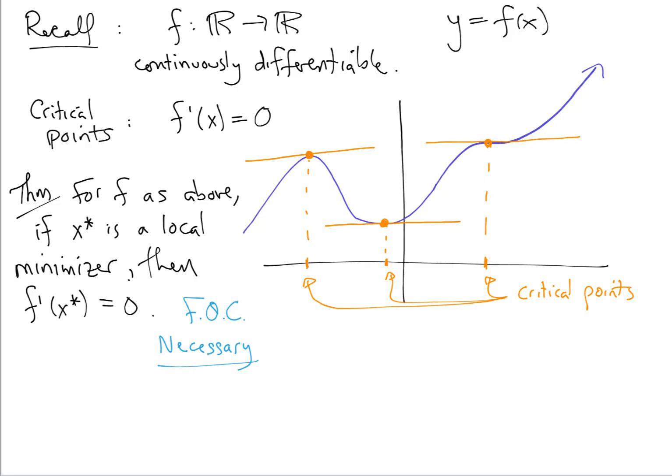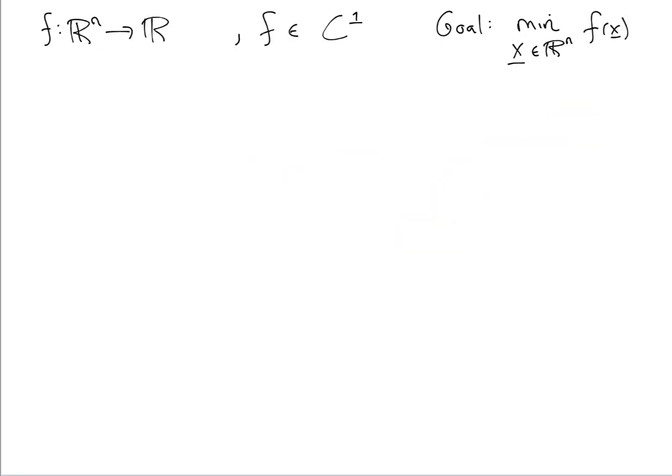And then we use other information, like the first or the second derivative test, to identify which of these are minimizers, maximizers, or saddles. But the point is, if you find all of these critical points, your set of local minimizers will have to be in that list of critical points.